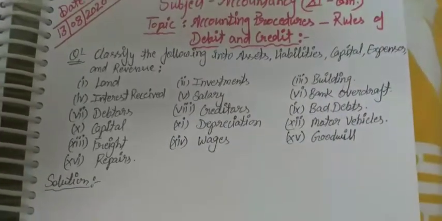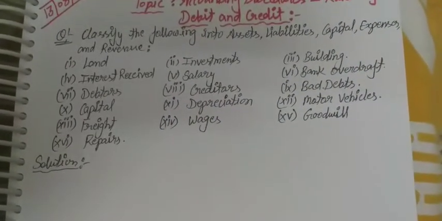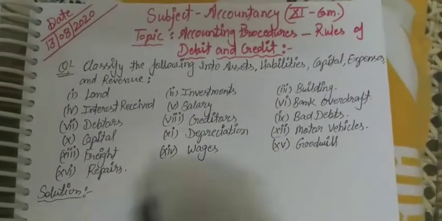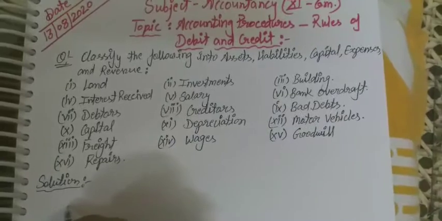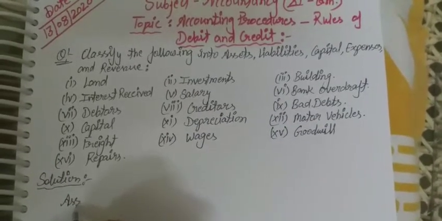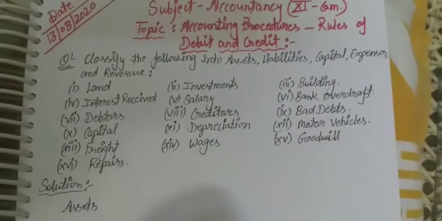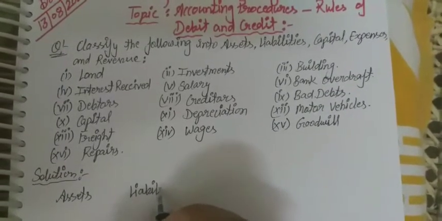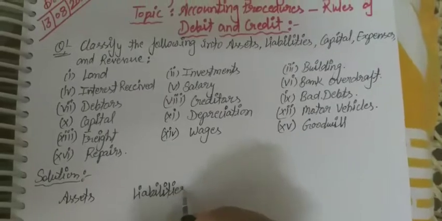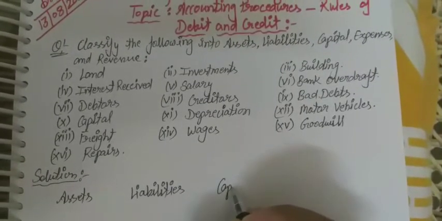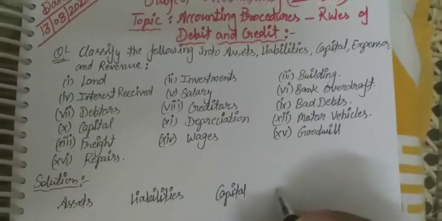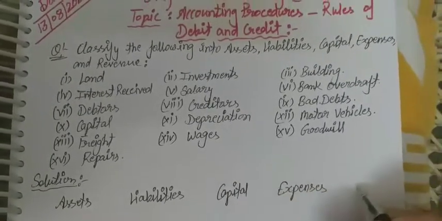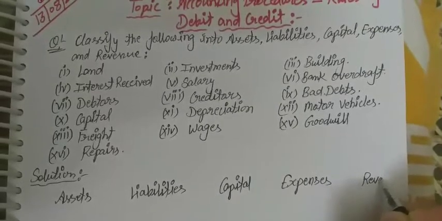Okay, so if we have to solve this type of problem, we should write at the top all these things, that is assets, liabilities, capital, expenses and revenue.